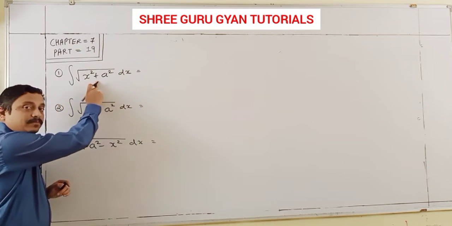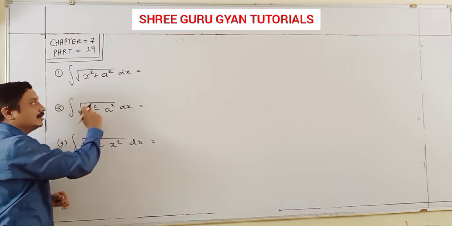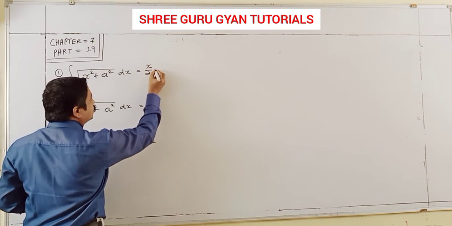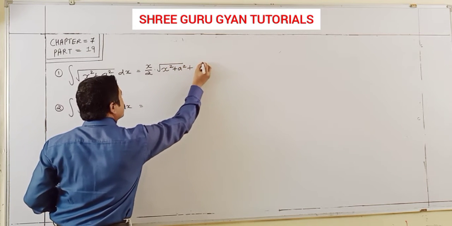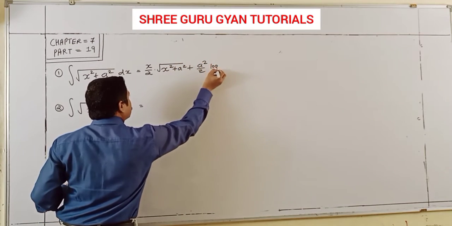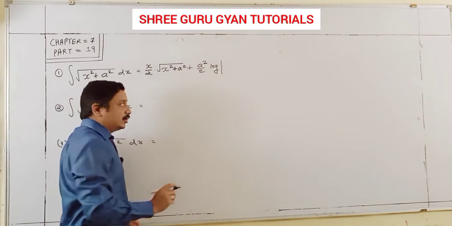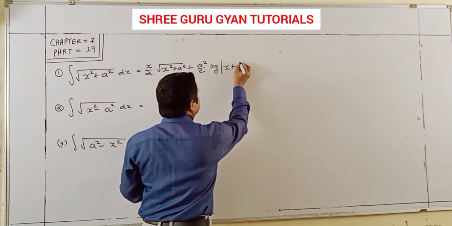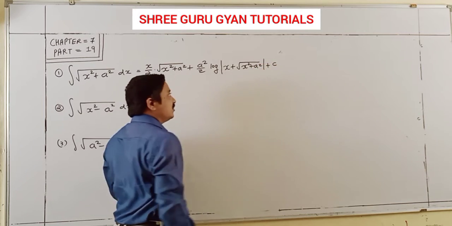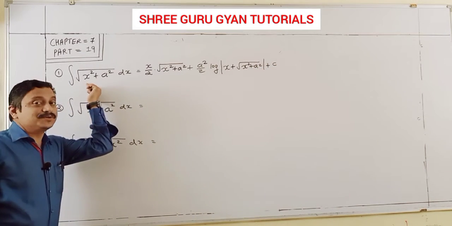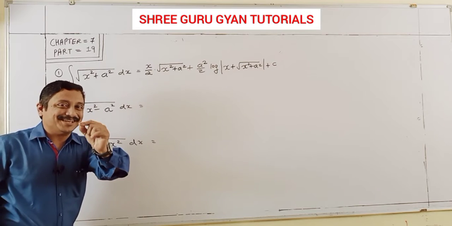Between plus and minus, the first variable formula is x by 2 under root x square plus a square, plus a square by 2 log of the modulus x plus under root. This is the formula for the first one, under root x square plus a square.